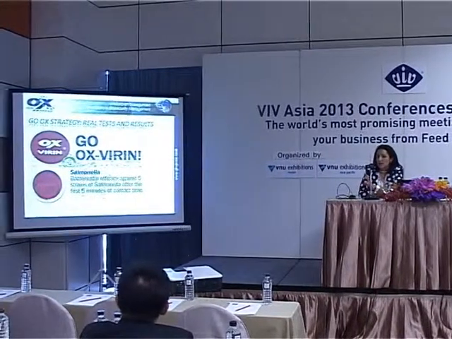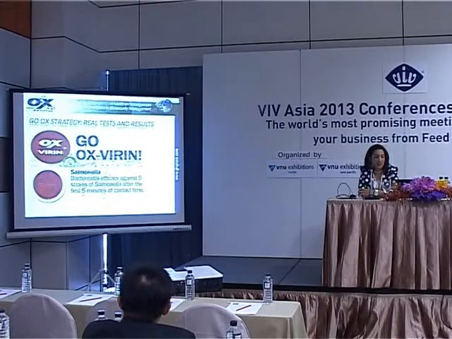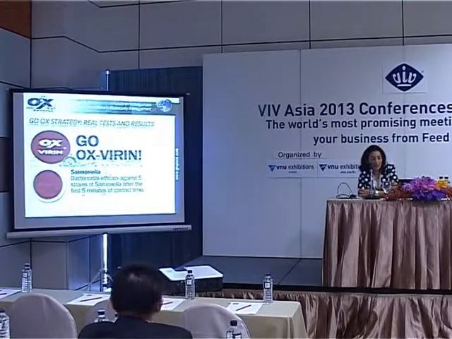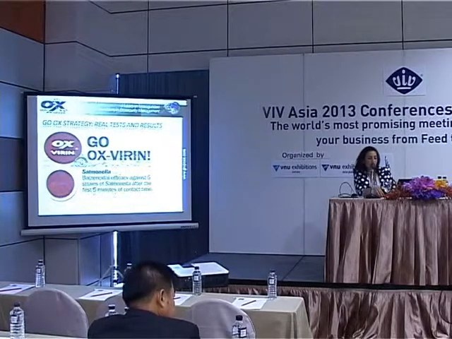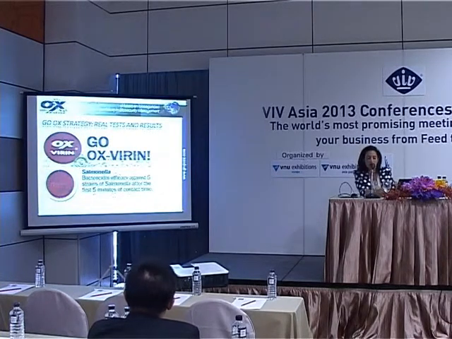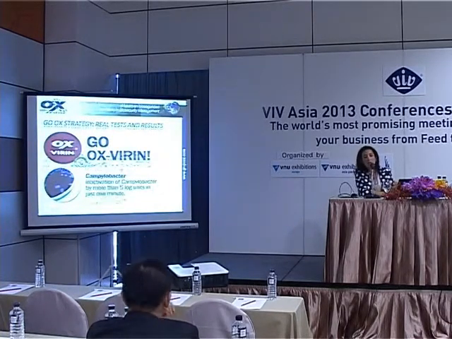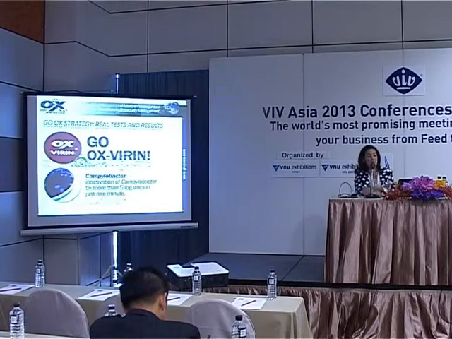And here you just have some tips of some efficiency we already tested against Salmonella. We have bactericidal efficacy against 5 strains of Salmonella after the first 5 minutes of contact at a very low dosage of 0.25%. We are also active against Campylobacter, inactivating Campylobacter by more than 5 log units in just 1 minute.